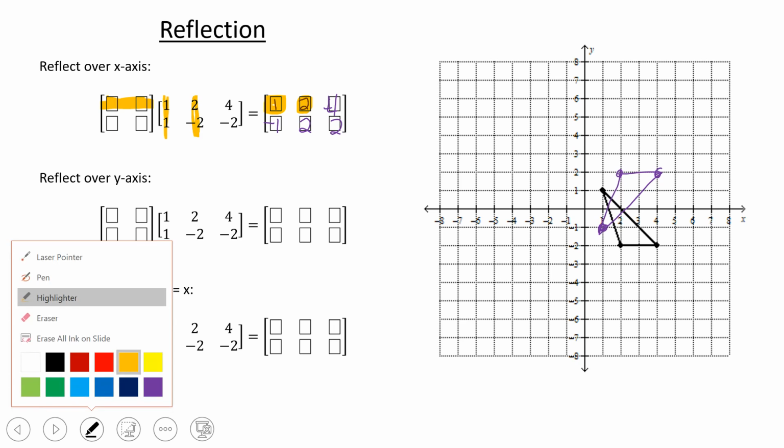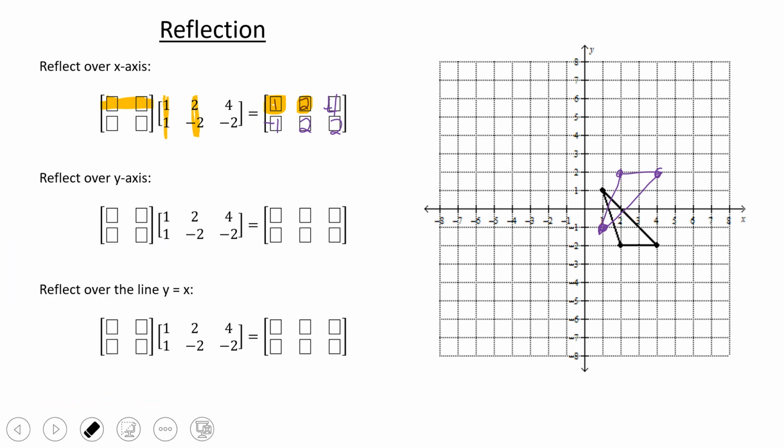So think about what has to happen in order for those to become the values that we have over in this matrix that we know is the result that we want. Well, this first upper left box would have to be a 1 because 1 times 1 is 1. But then I need this 1 to turn into 0, so I would need to multiply it by 0. If I wanted to show my work, this would be 1 times 1 plus 0 times 1. The result of that is 1.